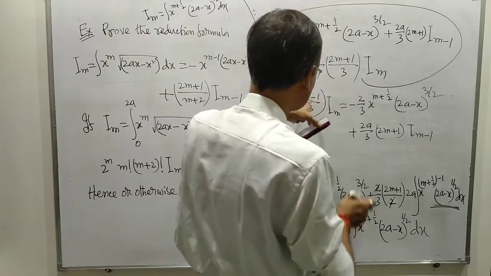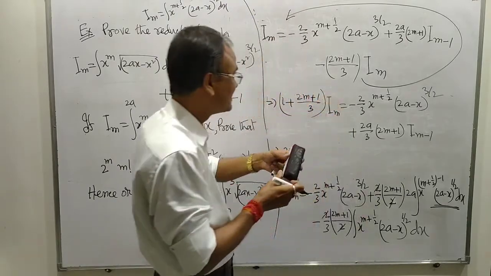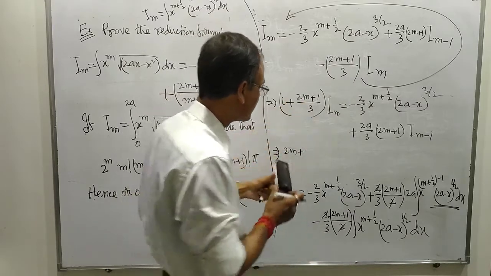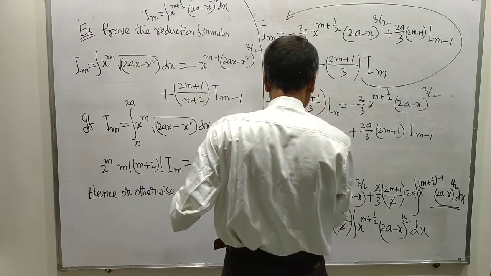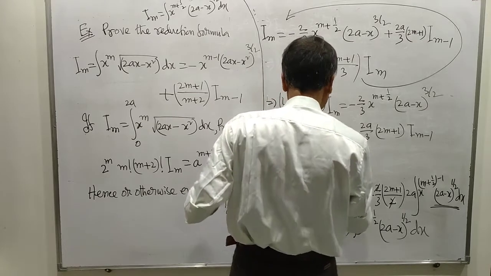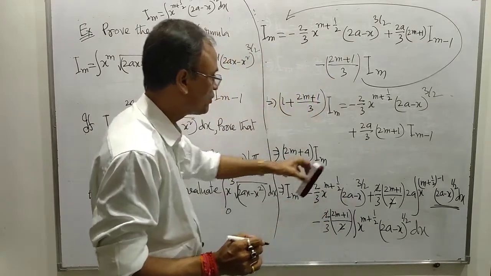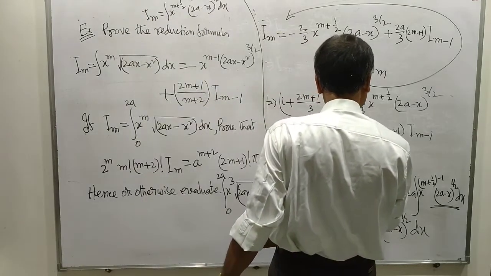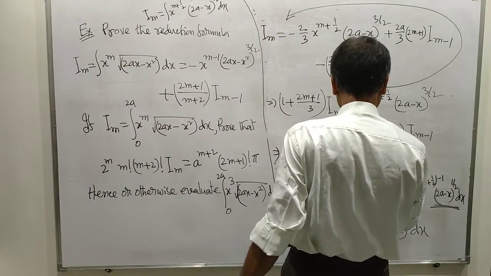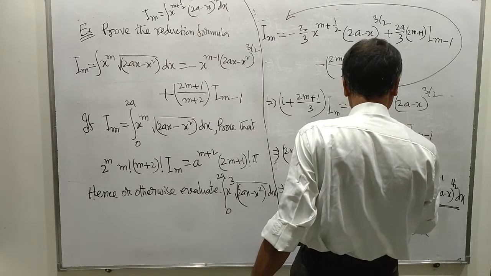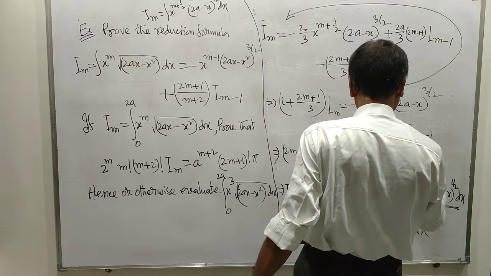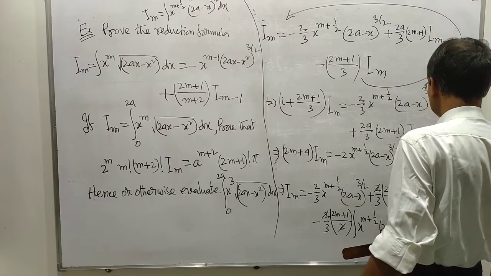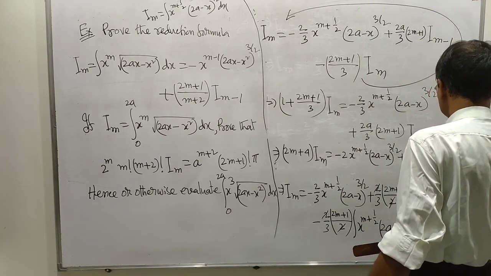It is not 2m minus 1, it is 2m plus 1. 2m plus 3 plus 1 is 2m plus 4, I_m. This is equal to minus 2 x to the power m plus half times (2a minus x) whole to the power 3 by 2 plus 2a (2m plus 1) I_(m minus 1).